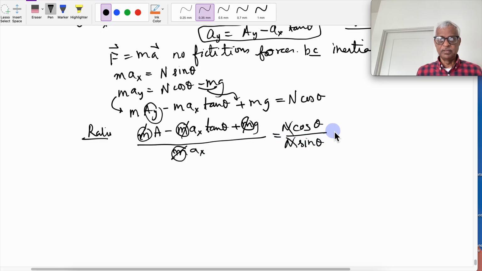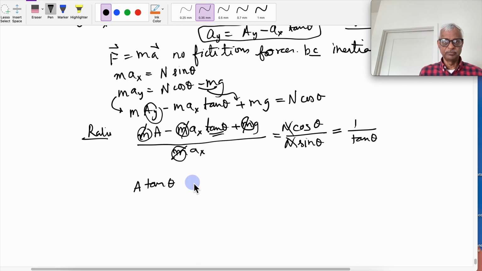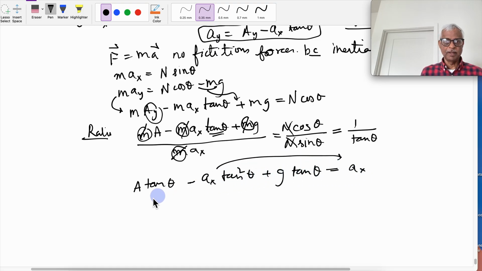And this I can write as 1 over tangent theta, because we have tangent theta over there, and just bring it easier. So A tangent theta minus AX tangent square theta plus G tangent theta equals AX. Bring this on the other side.